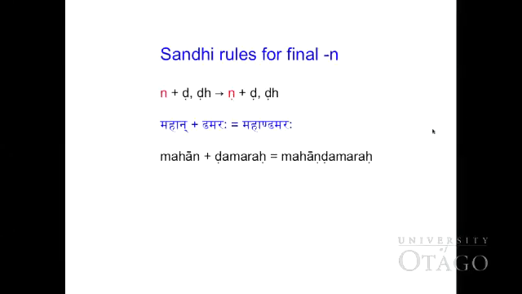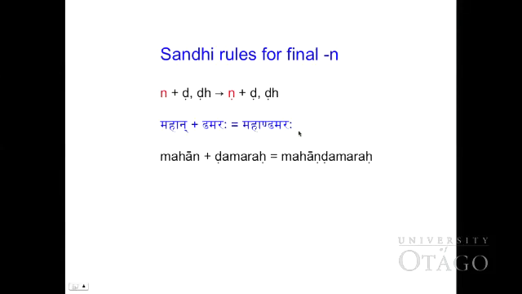Let's see Rule number 3. Sandhi rule for final N. N together with da or daha, d dot and or dh dot. So change N to N dot, such as Mahan plus Dhammaraha. So we will be Mahan Dhammaraha, as Devanagari here.